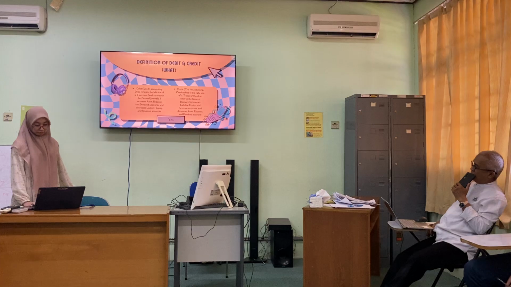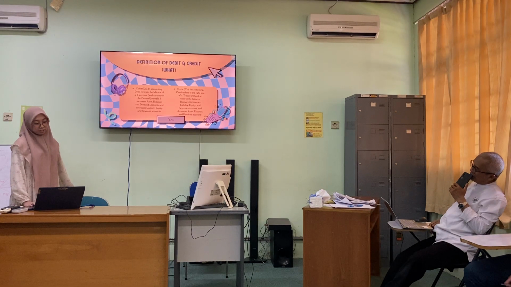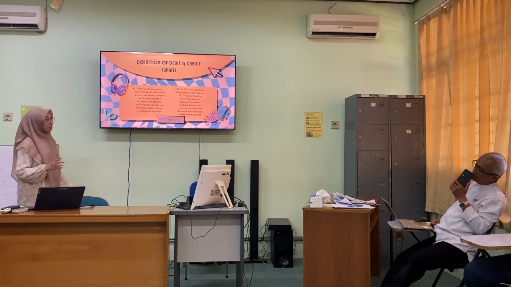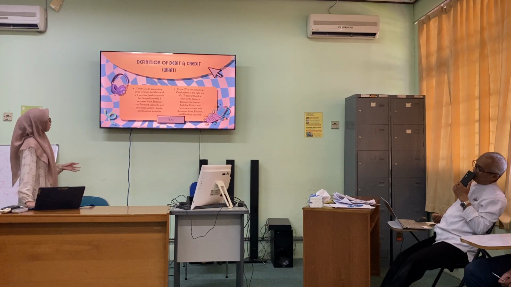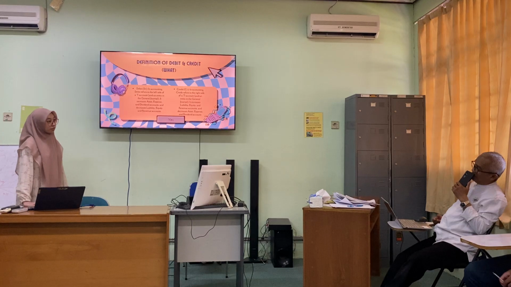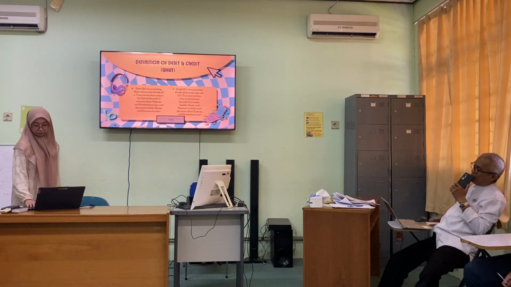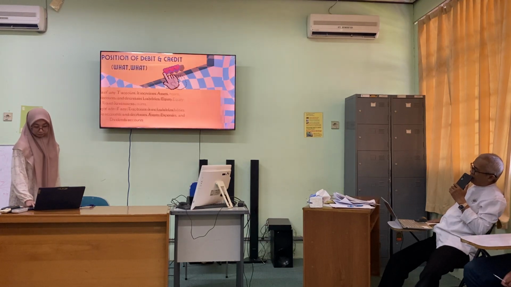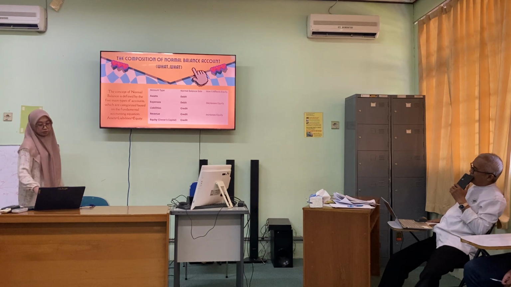What is debit? Debit increases asset and expense in the journal and dividend account, and decreases liability, equity and revenue accounts. What is the difference between debit and credit? I can show you here.